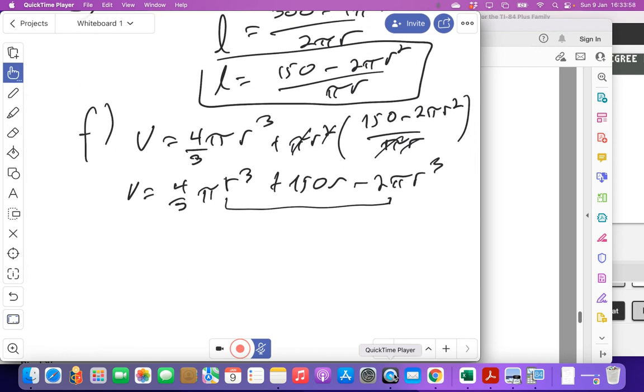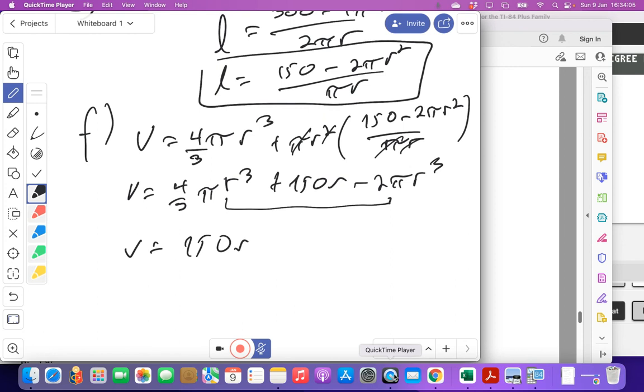So I'm going to have 150r, and then I'm going to have 4 over 3 pi r cubed minus 6 over 3 pi r cubed.